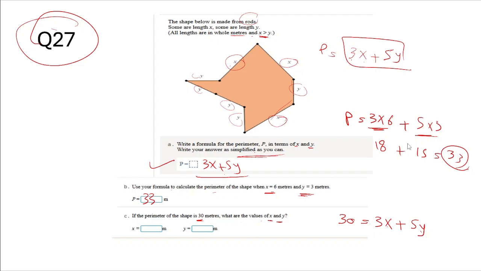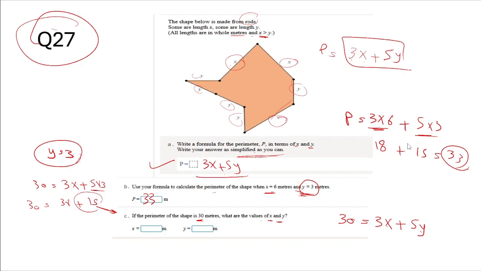So here, let's assume that y equals 3. Let's take the same number which you mentioned here. So that means 30 would be equal to 3x plus 5 multiply 3. This one will be 15 plus 3x equal 30.